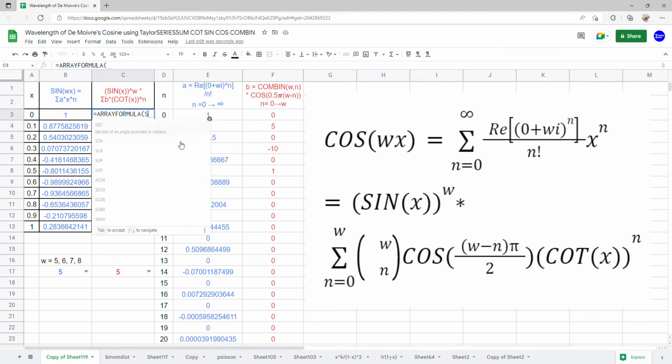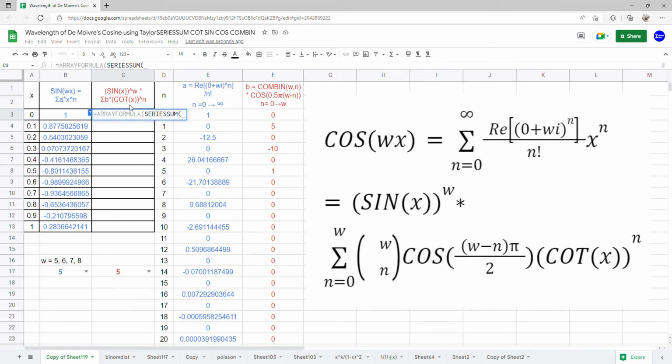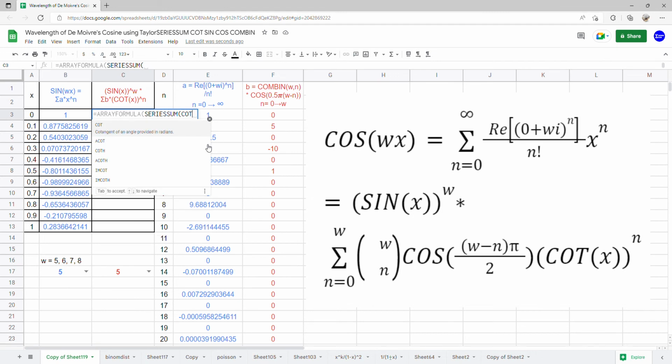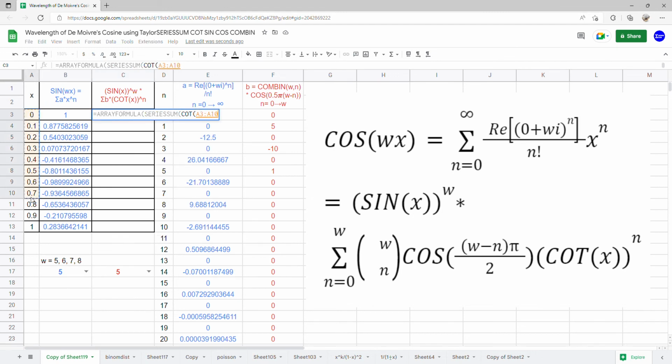Instead of SERIESSUM, now this is cotangent of x raised to the power n, where n starts from 0, incremented by 1. And the coefficient will be this range. Then enter.